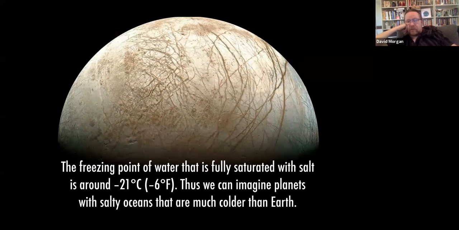A situation similar to this might exist on planets like Europa and Ganymede and Titan, where there are subsurface oceans that are not only very, very cold, but very, very salty. And the fact that we have organisms on Earth that can tolerate very, very cold and very, very salty environments suggests that environments like this might not be completely inhospitable to life.